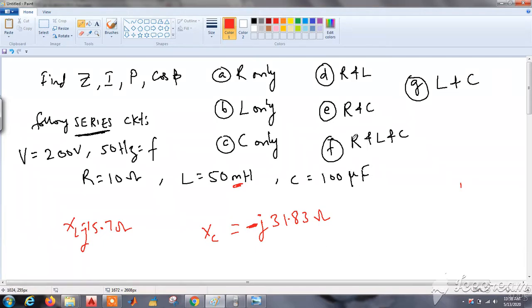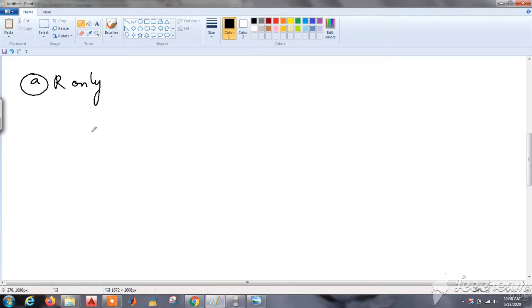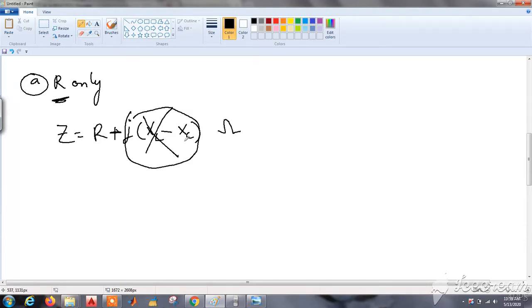Now let us solve each case one by one. First we'll take only the resistive case, that is R only is given. We know that the impedance is in the form R plus jX, or we can write R plus j(XL minus XC) ohms. When R only is given, that means XL and XC are not present, so Z is equal to R in this case.